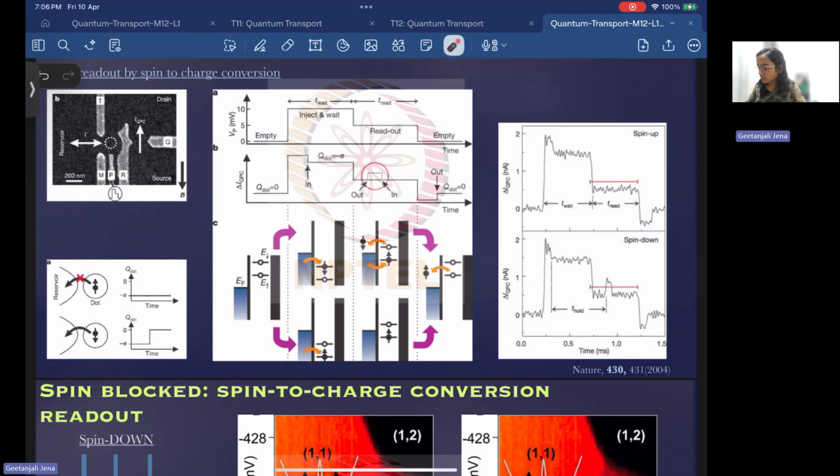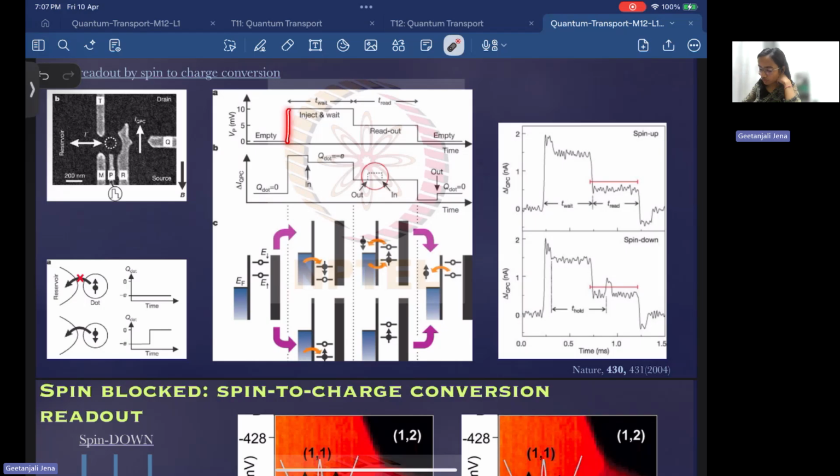And the second is the case where you consider that it was a spin down state, and we are recording the change in current through this QPC sensor. If you look at this figure initially, there is no variation because this is the case where both levels are above the Fermi level. So there won't be any change or variation in the current through this QPC. So it remains constant, or let's say it is at the zero level.